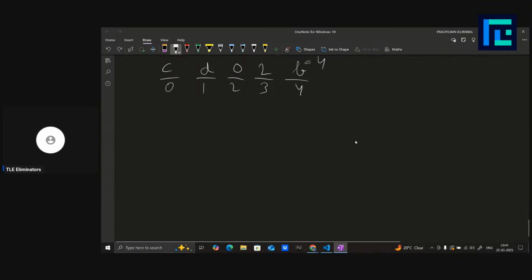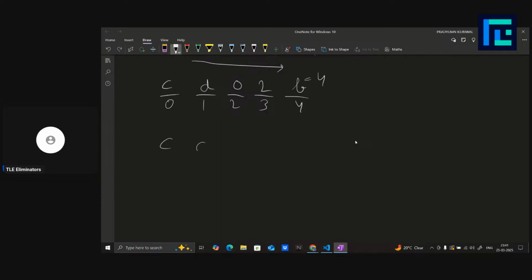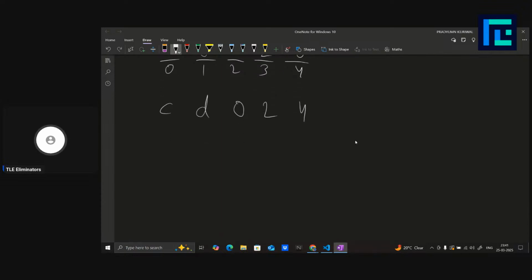So now it becomes C D 0 2 4. Now again if we shift this, it will become 4 C D 0 2, where the indexes are 0, 1, 2, 3 and 4, right?